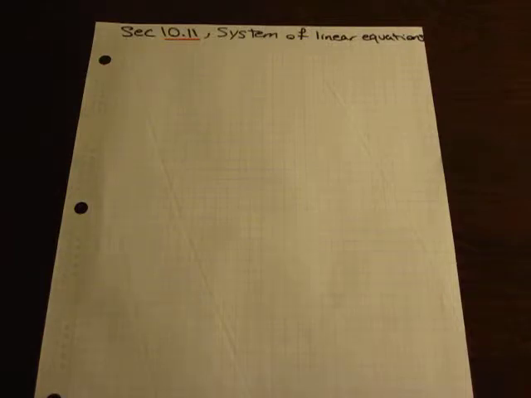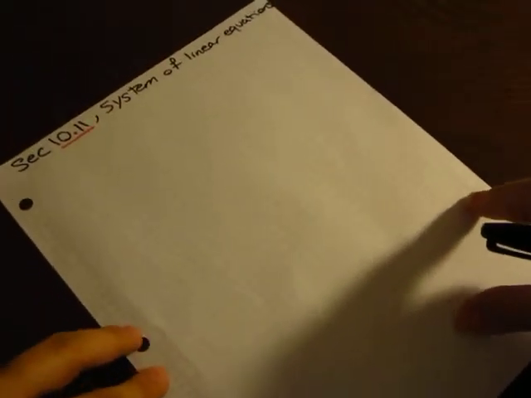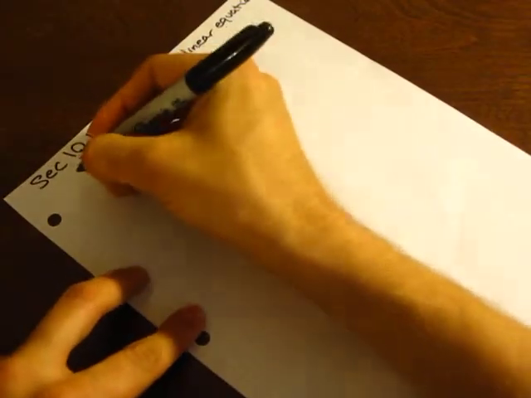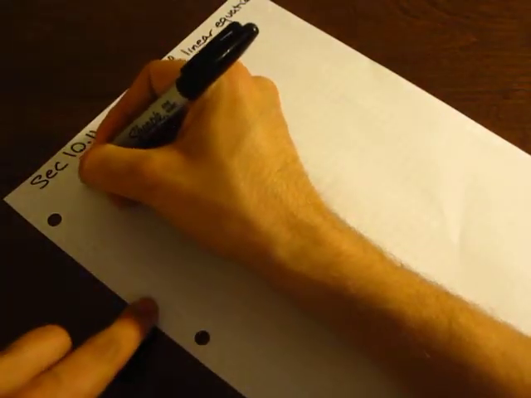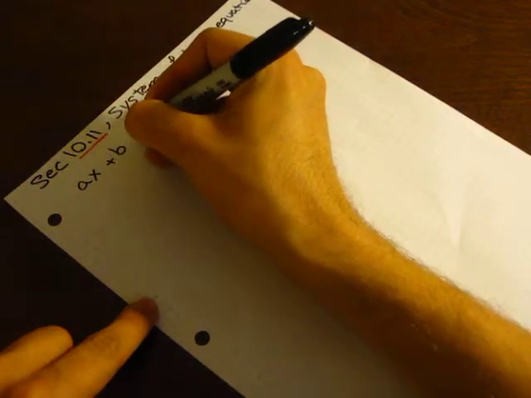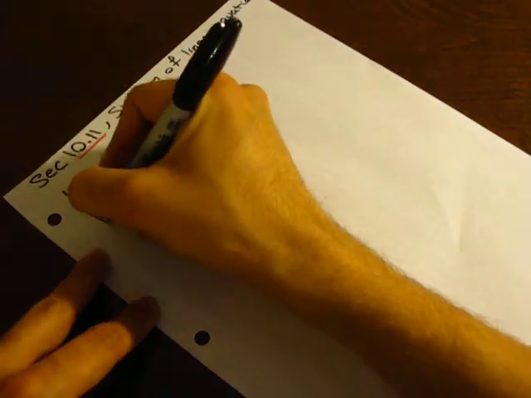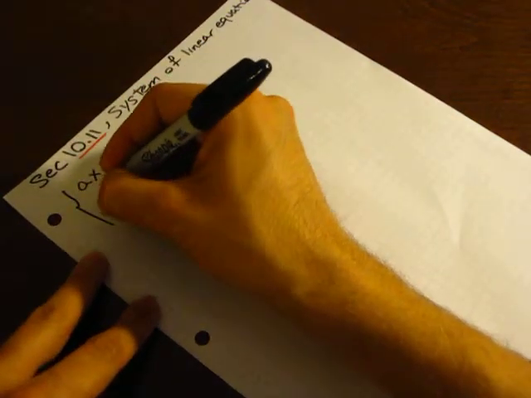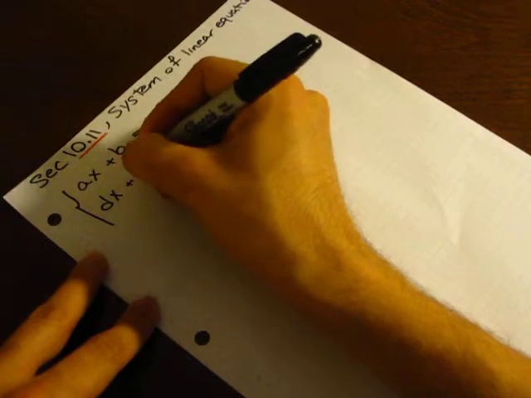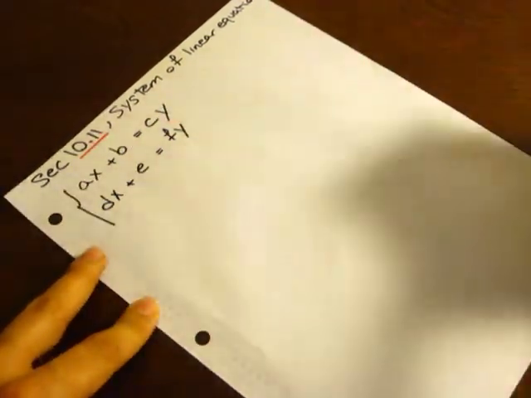So let's start with a system of two linear equations, or in other words, two equations, two unknowns. I'm going to have ax plus b equals cy, and the second one is going to be dx plus e equals f times y.